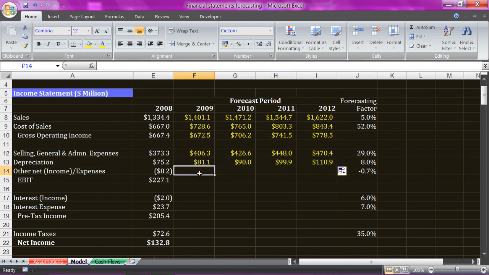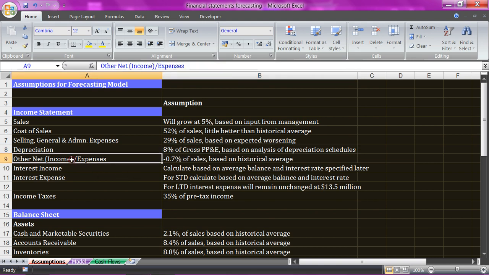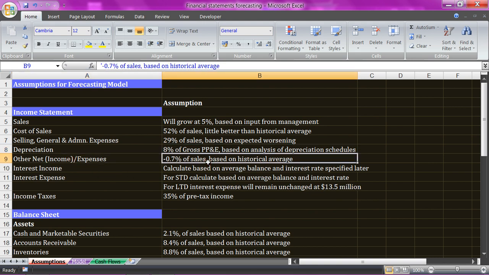After getting this, next one is other net income and expenses. For getting other net income and expenses, the assumption is other net income and expenses at minus 0.7% of sales based on historical average.